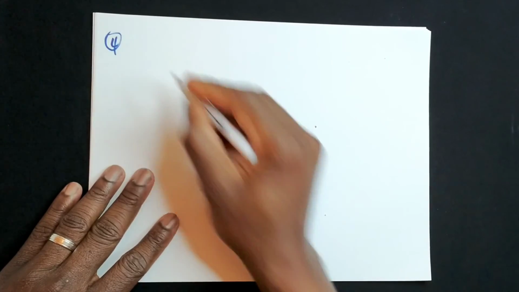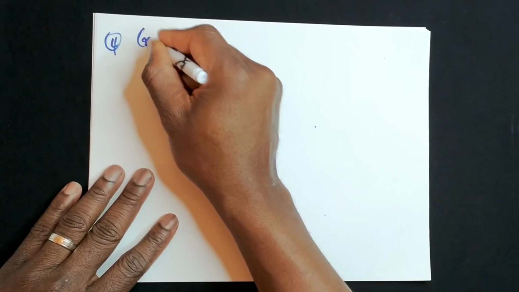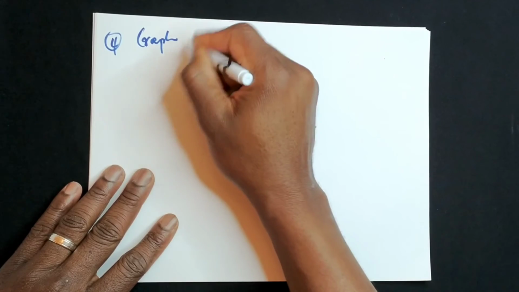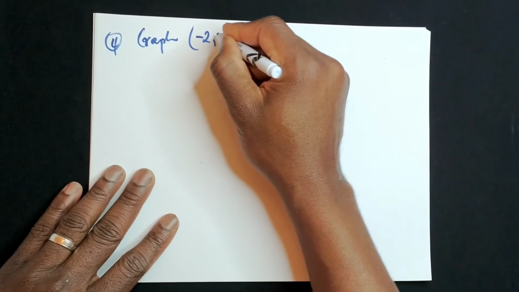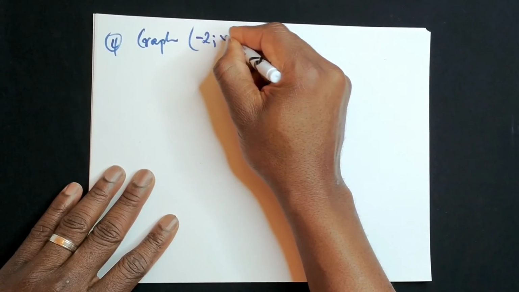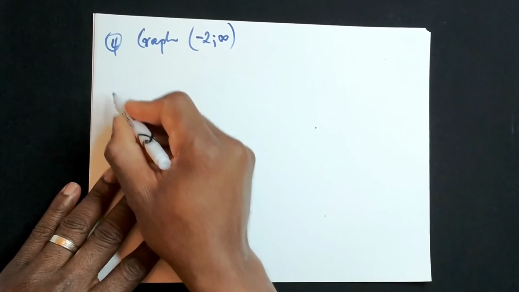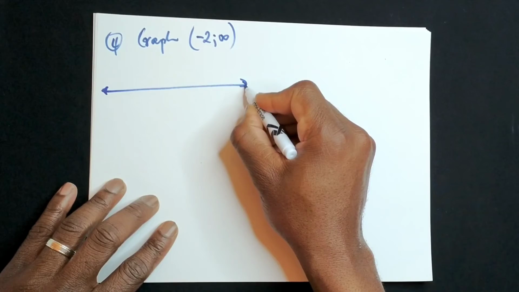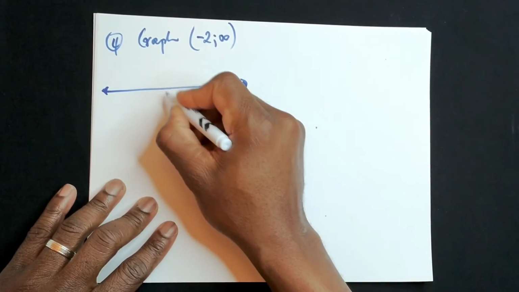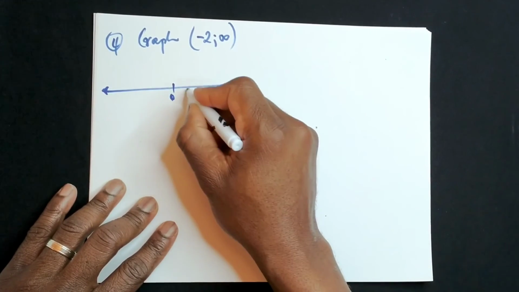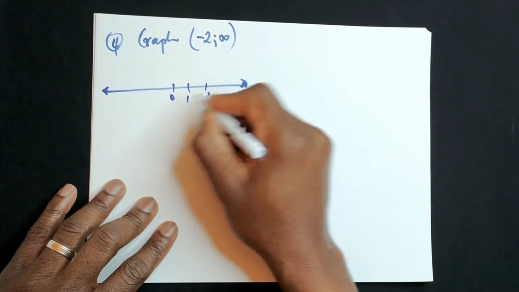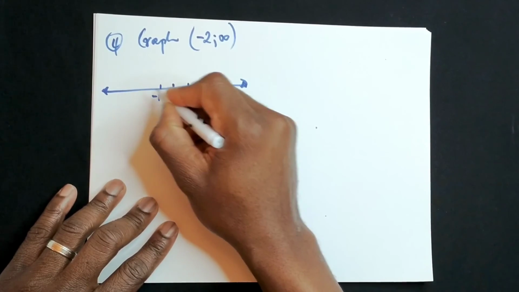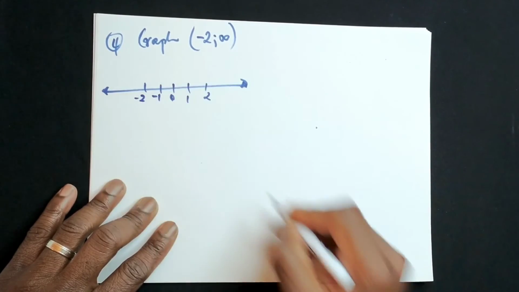Number 4, we are asked to graph minus 2 to infinity. So the normal graph looks like this, and let's put 0 here, 1, 2, negative 1, negative 2.